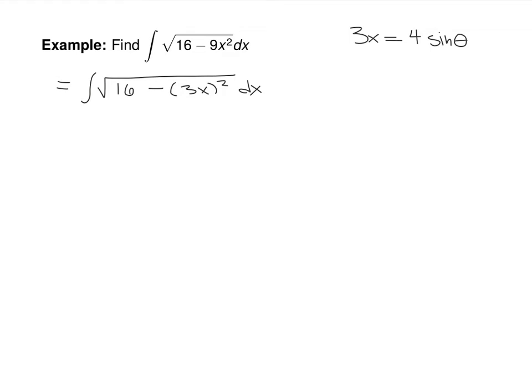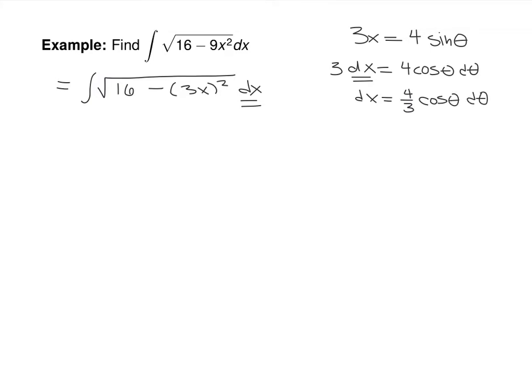The reason we let it equal 4 sine theta is so when we square that, we get 16. And then 3 dx equals 4 cosine of theta d theta. And solving that for dx, because dx is all we have, dx will equal 4/3 cosine theta d theta.